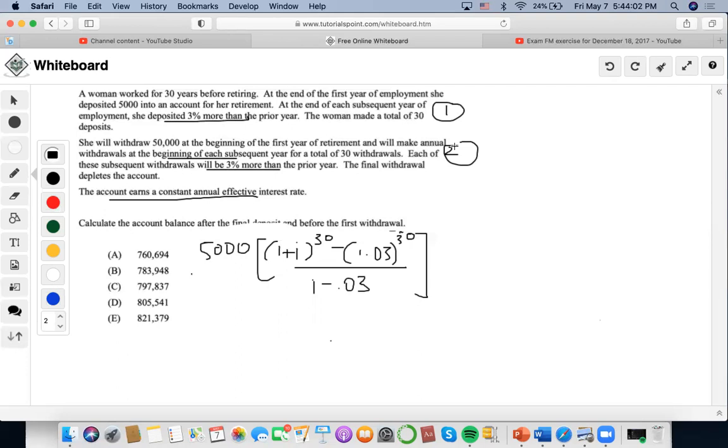What we're going to do for this one is, we know that 50,000 is being withdrawn at the beginning of the first year in this case. And it says that withdrawals are going to be 3% more than the prior year.